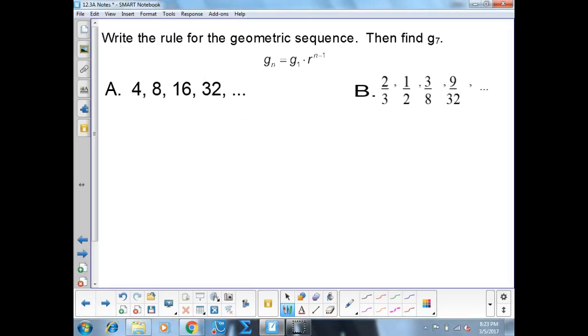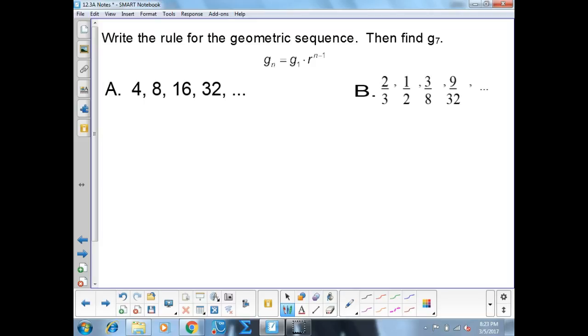Write the rule for the geometric sequence, then find G sub 7. Okay? Well, here's what my rule is. G sub n, any term is equal to the first term times r to the n minus 1 power. Okay?